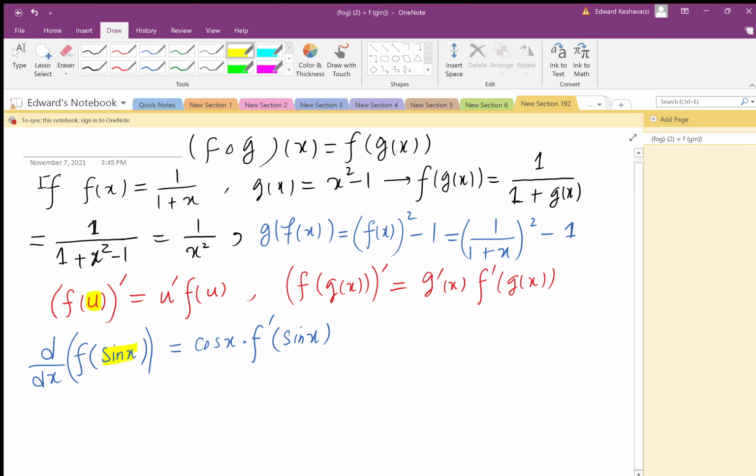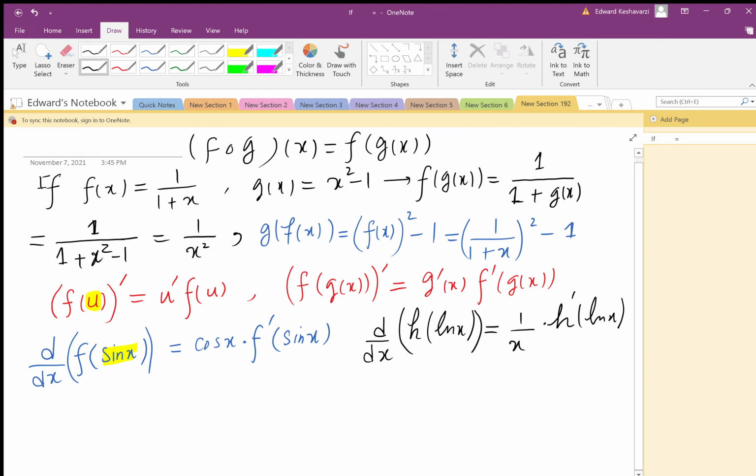So I followed that instruction. Or if you want to take the derivative of, for example, let's say h of ln x, all you need to do is taking the derivative of ln x, which is 1 over x times h prime ln x.